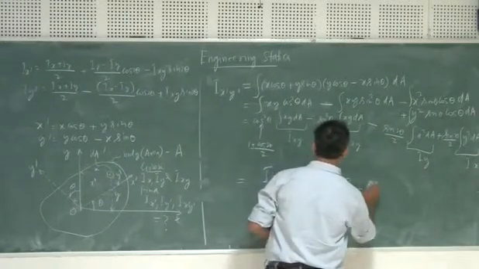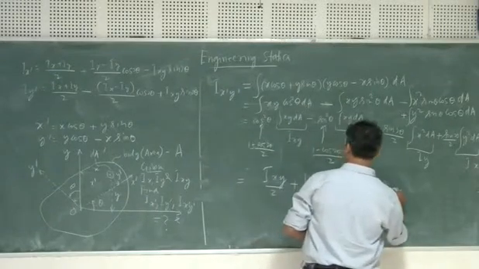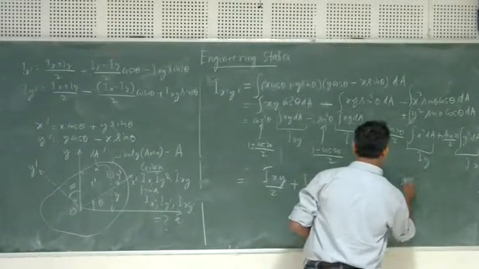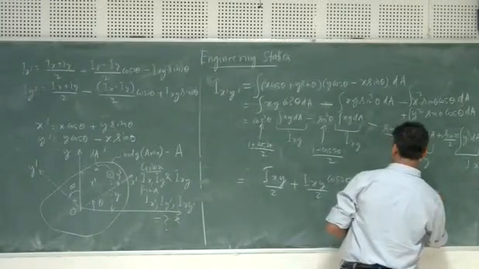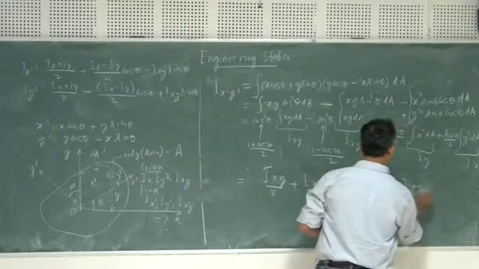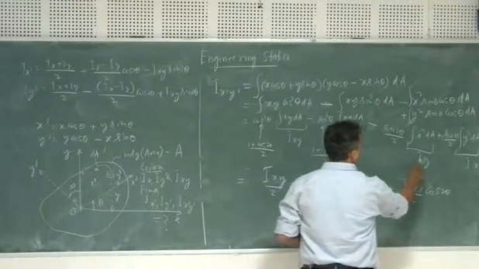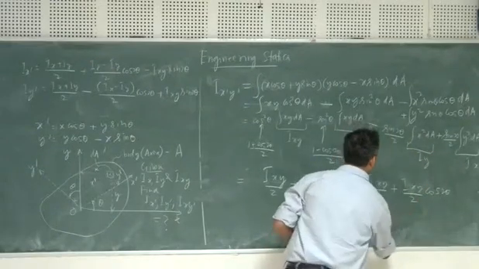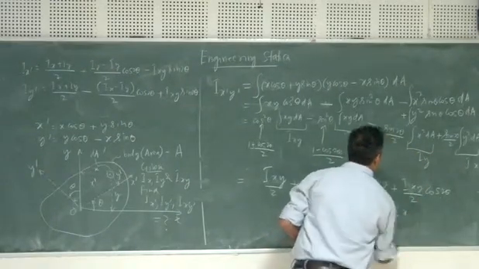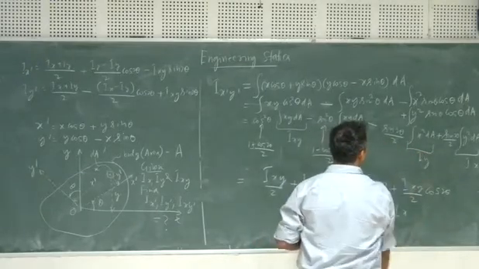And then Ixy by 2 minus, and this will become cos 2 theta. And here this is Ix, this is Iy. So what will really happen? Here it is minus and here it is plus.